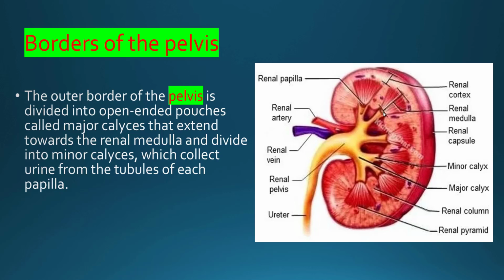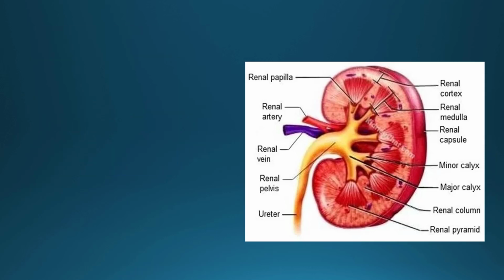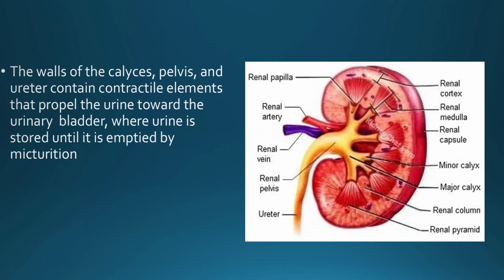These are the calyces extending into the medulla, on which the papilla empties its urine. When two or more minor calyces combine with each other, they make a major calyx, which empties into the renal pelvis, and then the ureter originates from this pelvis.